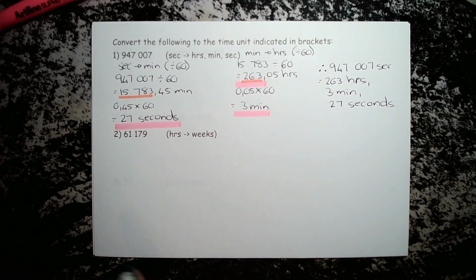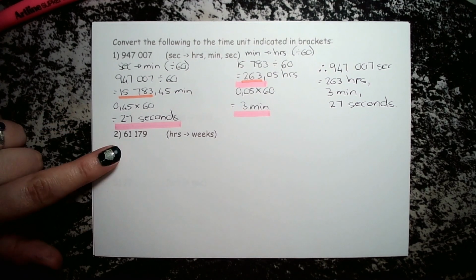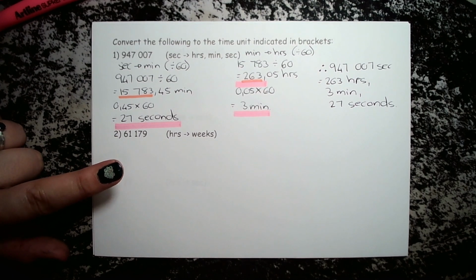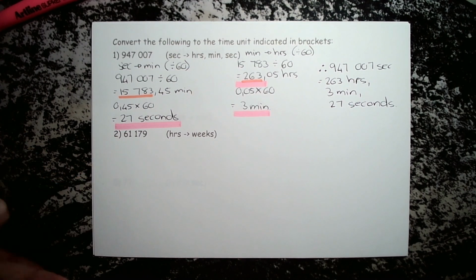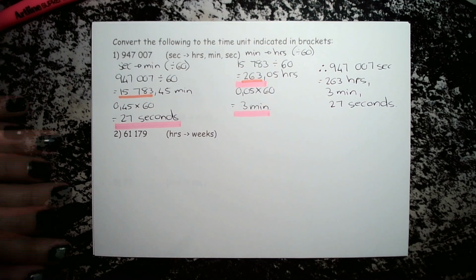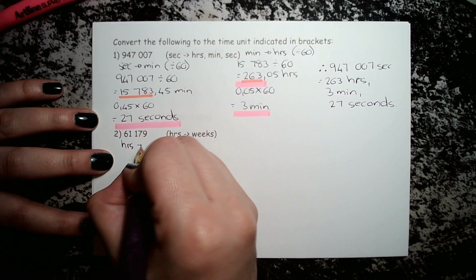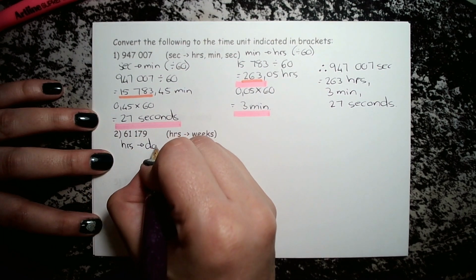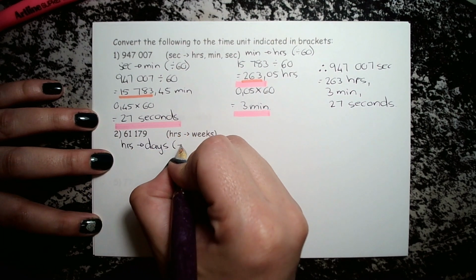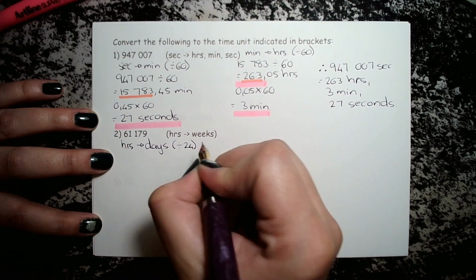Okay. Question number 2. 61,179 hours into weeks. So from hours, we can convert to days, which would be dividing by 24.